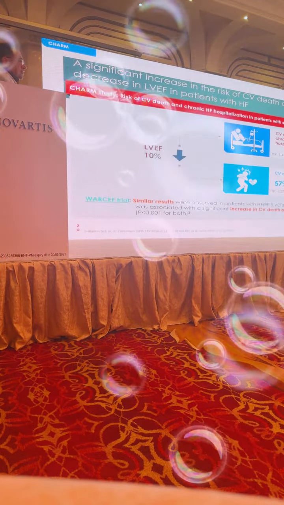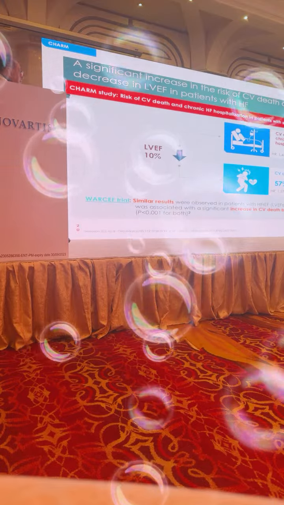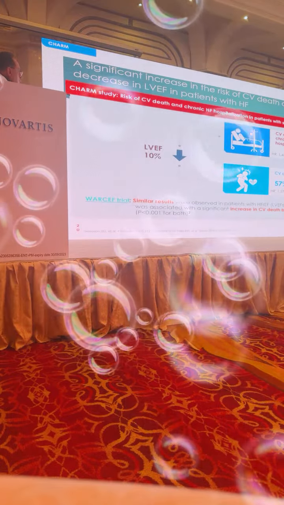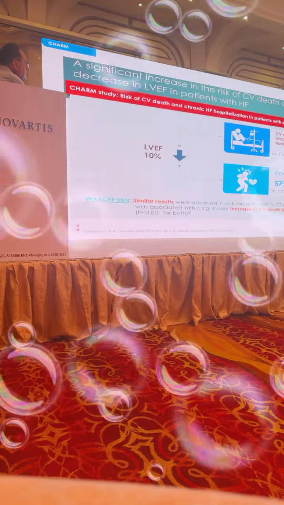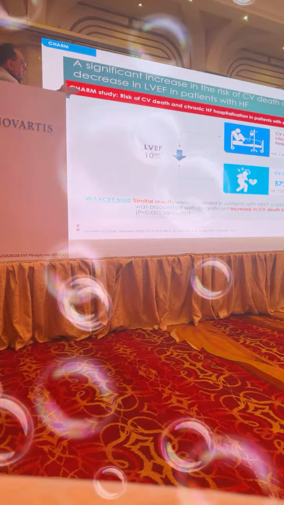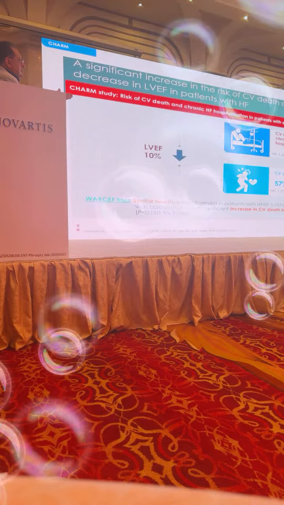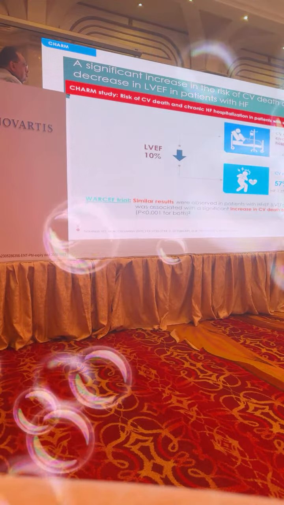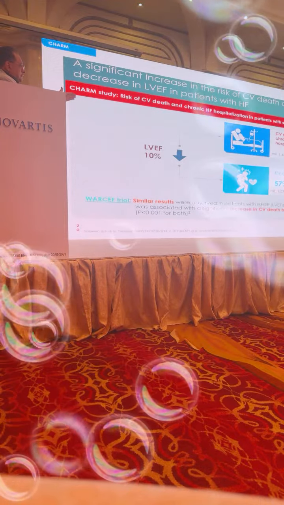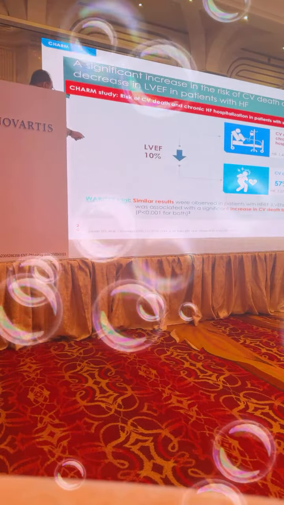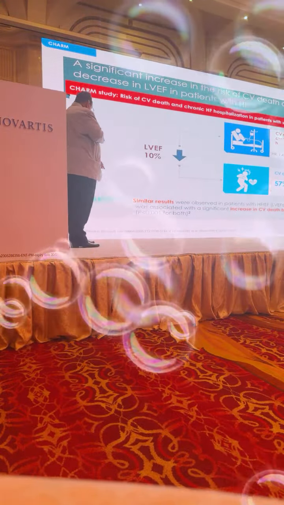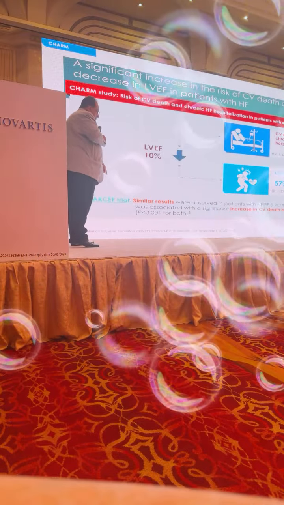Okay, what is the second important thing for remodeling again? Ejection fraction. Only a 10% decrease in ejection fraction, you see a 45% increase in cardiovascular death, chronic heart failure hospitalization, and cardiovascular death 57%. This was published in Circulation.